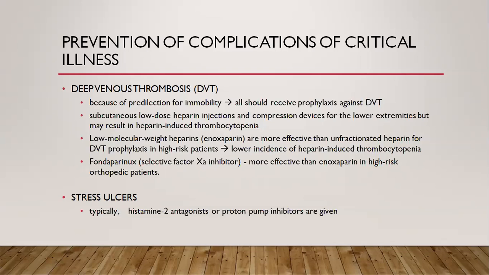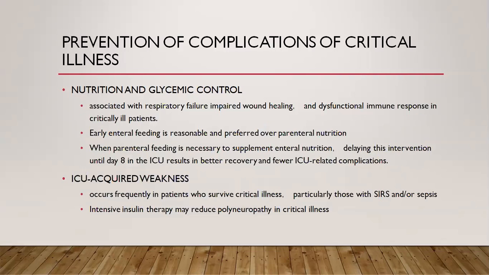Stress ulcers are also common among critically ill patients. You can give a histamine 2 antagonist or a proton pump inhibitor. Nutrition and glycemic control. Remember, malnutrition is associated with respiratory failure, impaired wound healing, and dysfunctional immune response in critically ill patients.